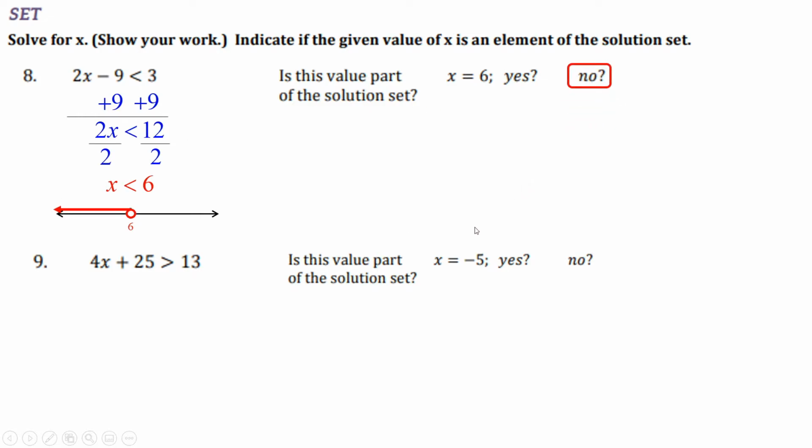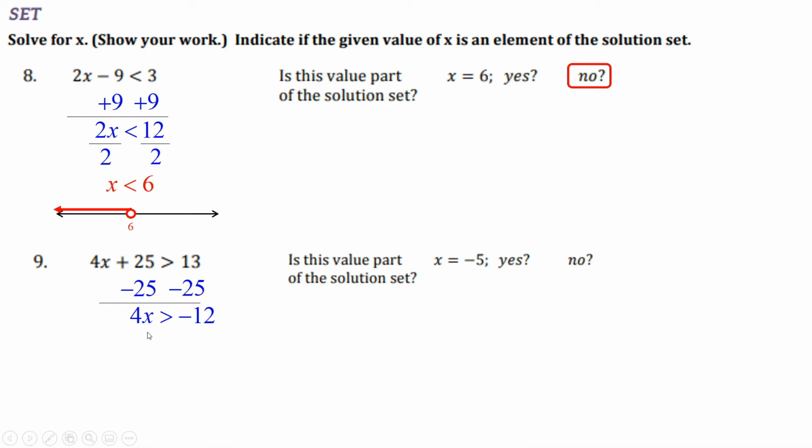All right, I like graphing that too. Great practice. All right, so next one, 4x plus 25 is greater than 13. Well, let's undo the adding 25 by subtracting 25. Greater than, and then 4x plus 25 minus 25 cancels, and on the right I have 13 minus 25, which is a negative 12.